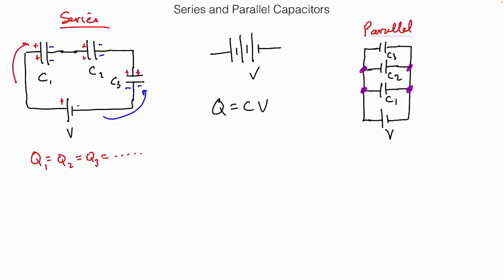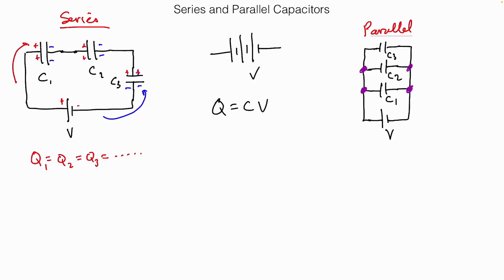The charge is the same, but the voltages will be different. If Q is the same for every capacitor, but every capacitor is different, what must be true about the voltage on them? It has to be different as well. But by conservation of energy, the sum of all the voltages on the capacitors in this circuit has to be what you started with. If you start with 3 volts, then everything has to add up to 3 volts.